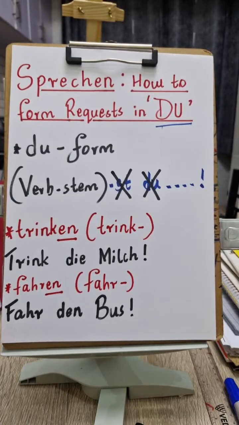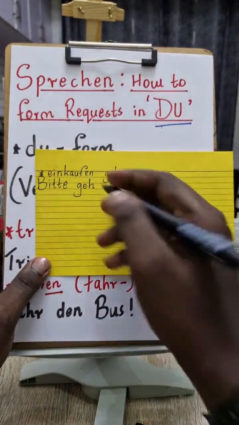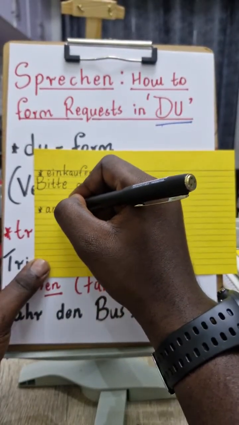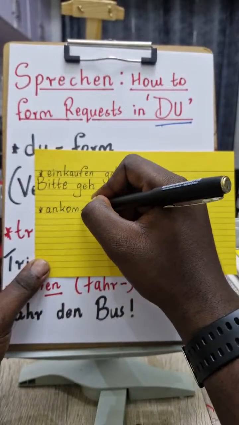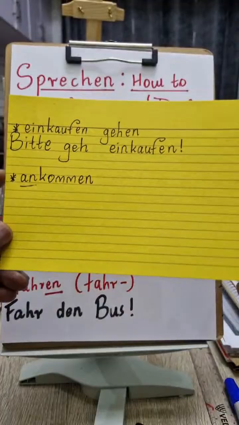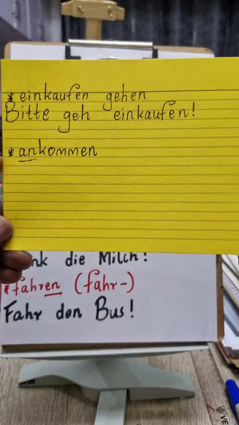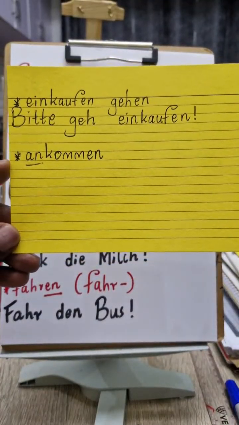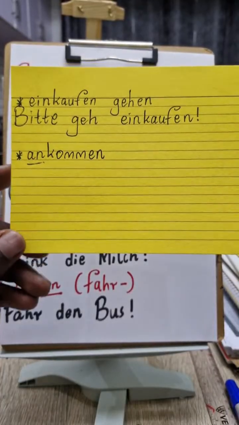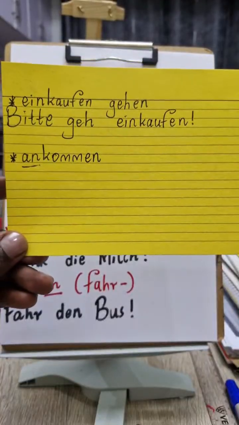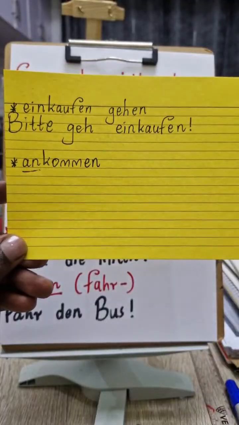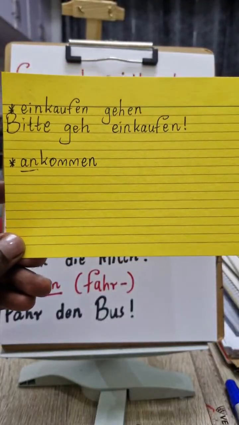Now let's also pick one with a separable verb. Now in this separable verb, you've been given ankommen. This is a very interesting one. Ankommen normally means to arrive. So you want to request somebody to arrive. Maybe you want to tell the person, please arrive, or please come over, on Tuesday morning.